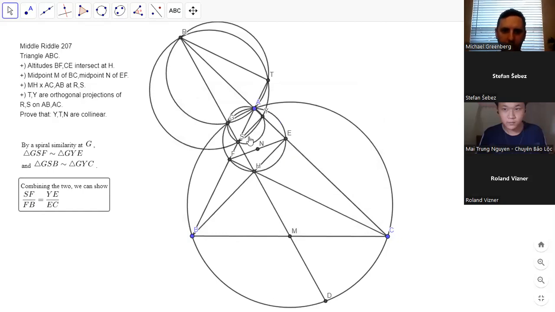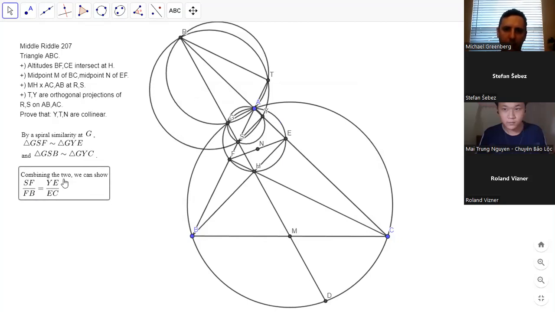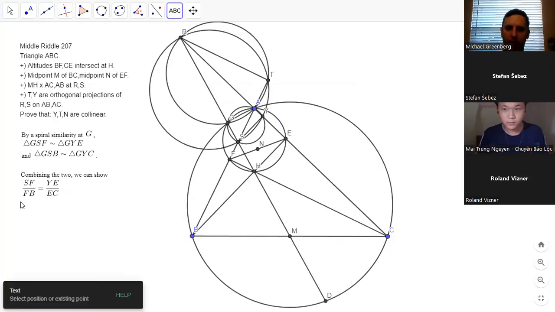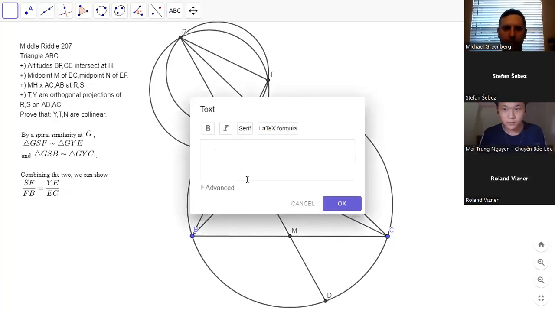Okay, so basically that means in triangles HFB and HEC, that S and Y are corresponding. So angle SHF is equal to angle YHE. So HFB is similar to HEC.